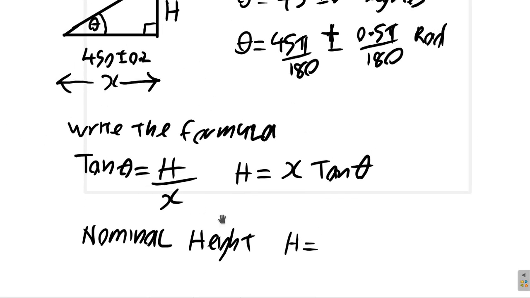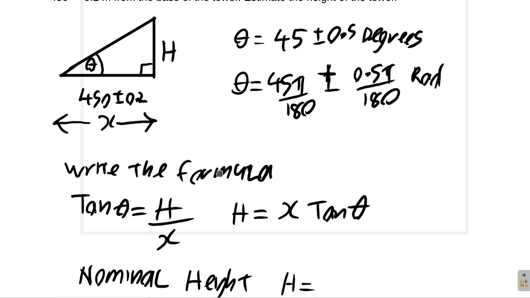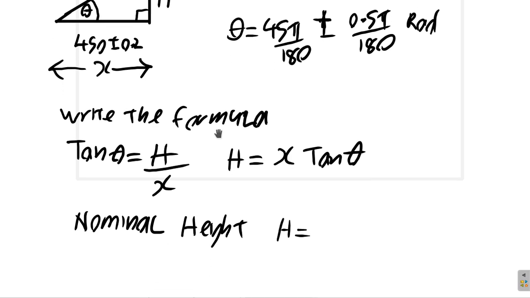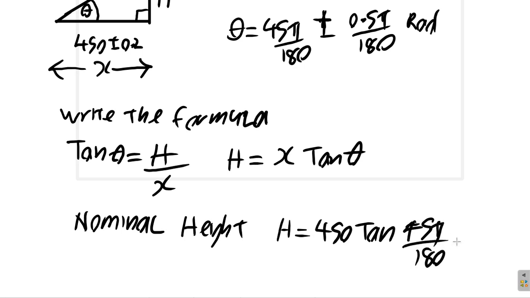Remember, the nominal value, which is the average value, is the value without the errors. So x is 450 tan 45 degrees. If you have your calculator in degree mode, you can just find tan 45 degrees. But since we're dealing with radians, put your calculator in radian mode, then put 45 pi over 180 and find out what that is.